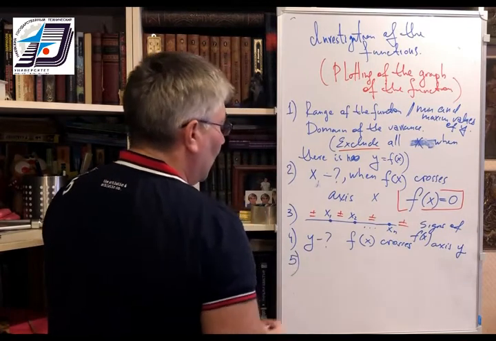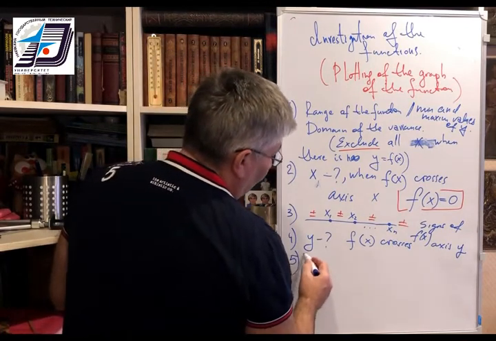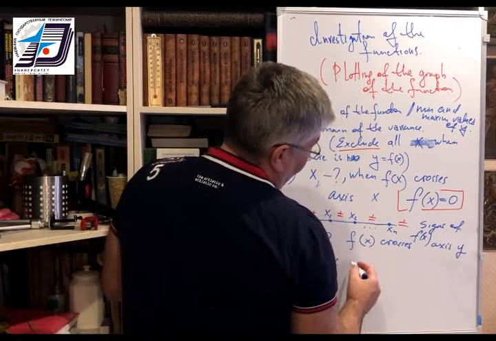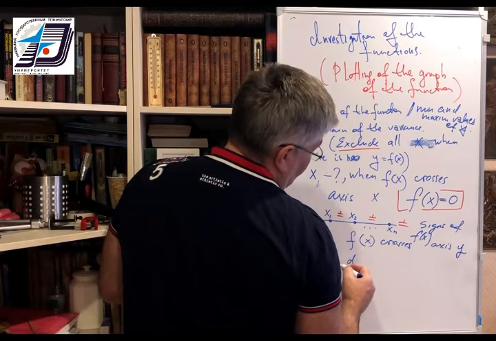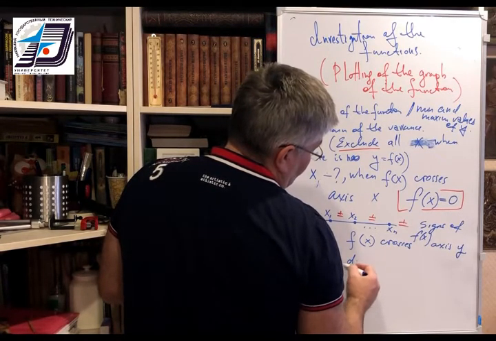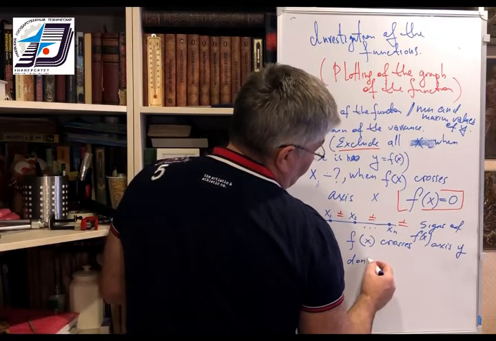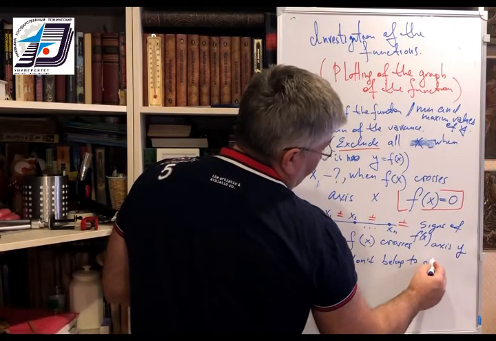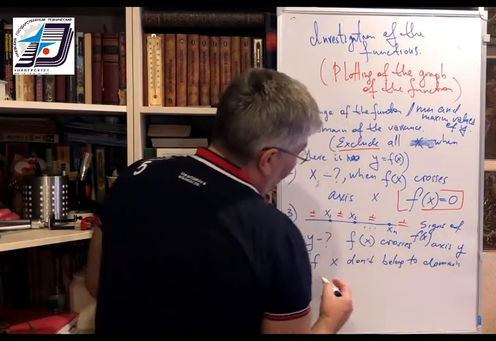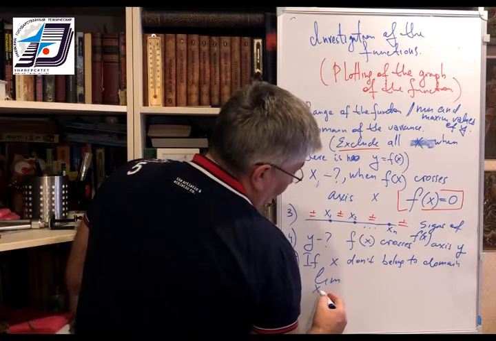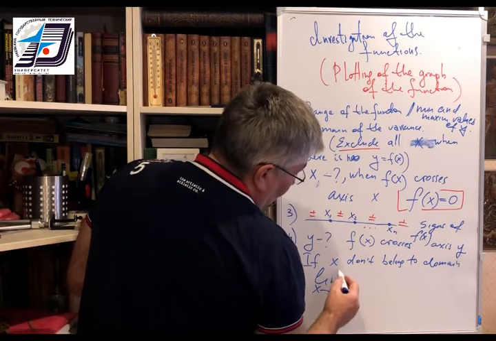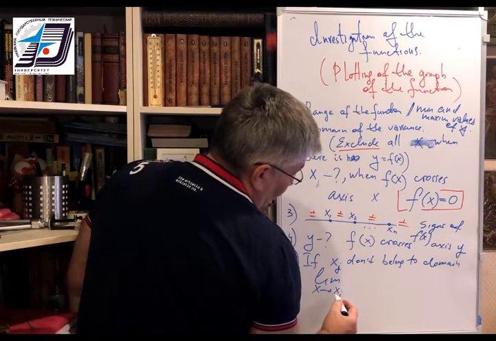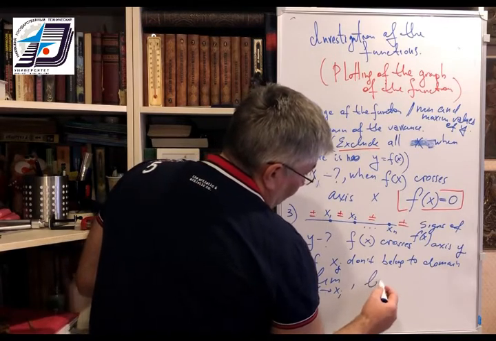By the way, if some x's don't belong to the domain, we have to calculate limits. Then x tends to xj, I put here, from the left and from the right side.